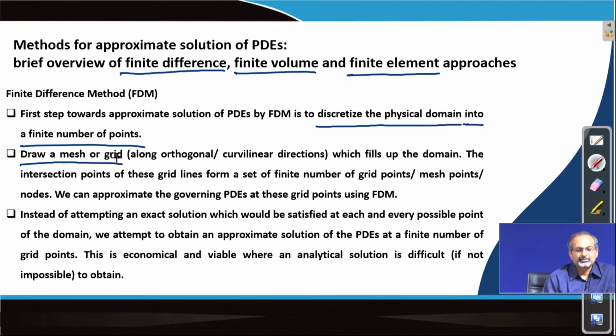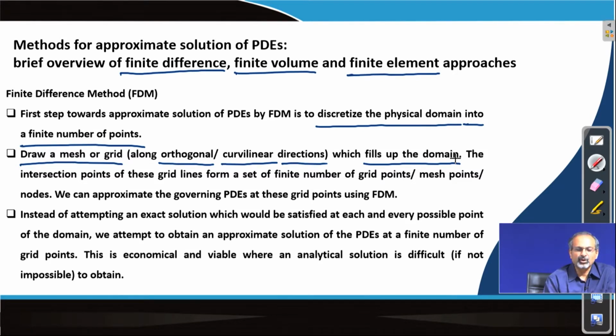And these mesh or grid lines may or may not be orthogonal. So, when they are not necessarily orthogonal, we usually refer to them as curvilinear mesh or curvilinear grid, and it is essential that the grid or the mesh covers the entire domain of interest.